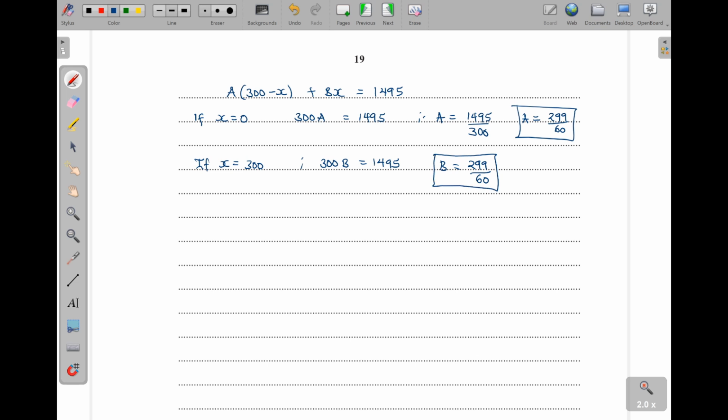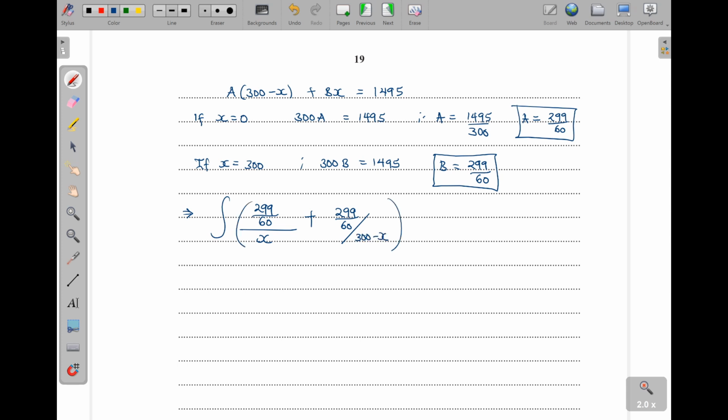Okay, having gotten those two values, this means that we shall have the integral of our a, which is 299 over 60, divided by x, plus 299 over 60, all out of 300 minus x.